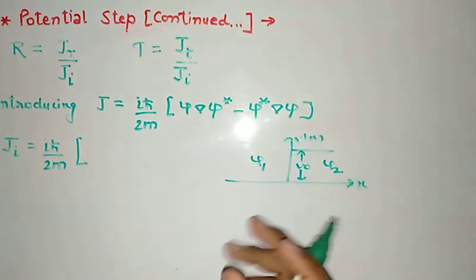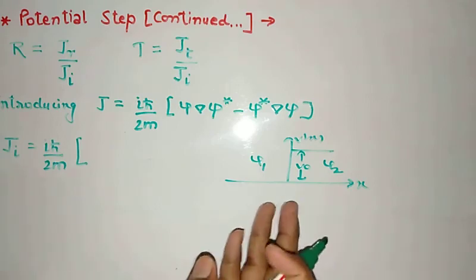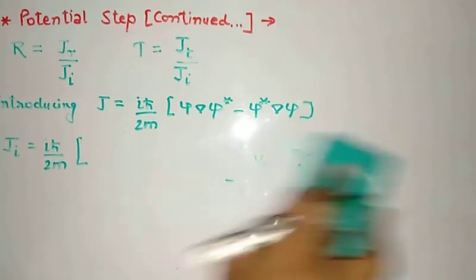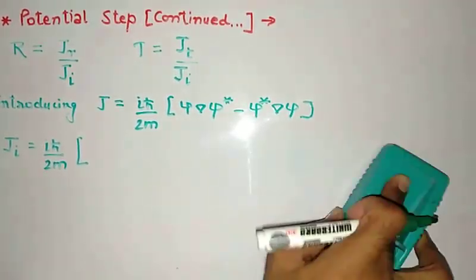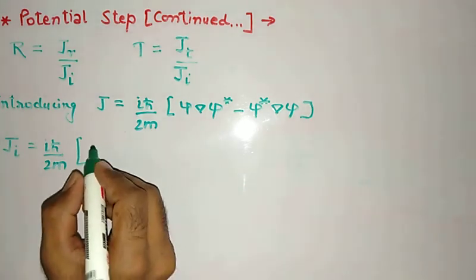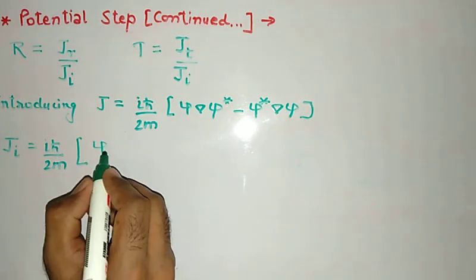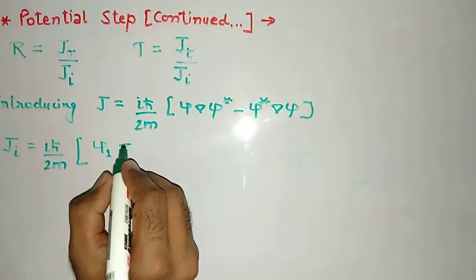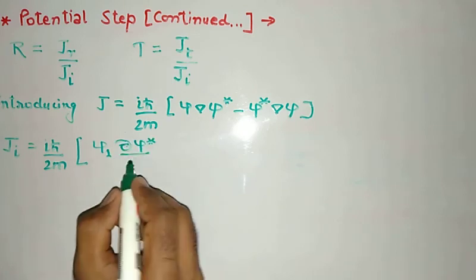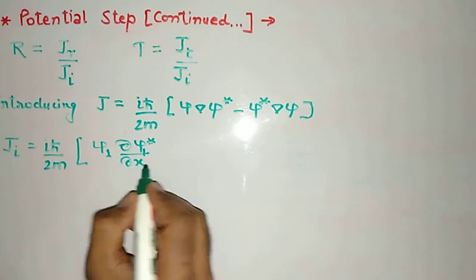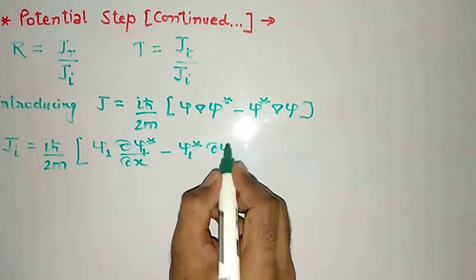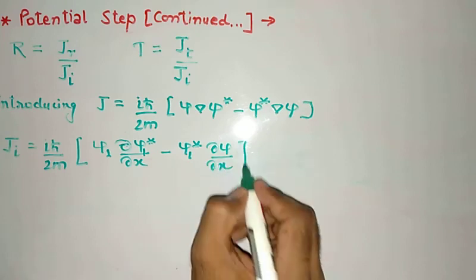So this was figured in that video, and we are using it again here. So we will use psi 1 for the x dimension: psi 1 star del psi 1 by del x minus psi 1 del psi 1 star by del x.